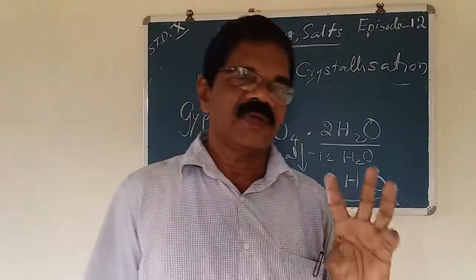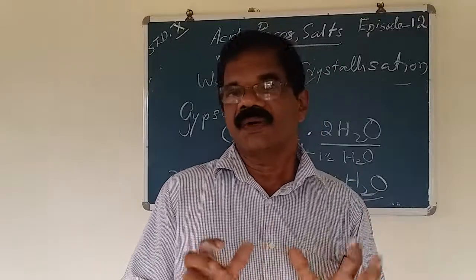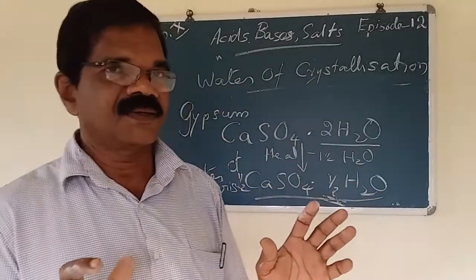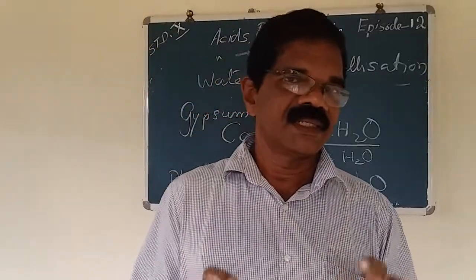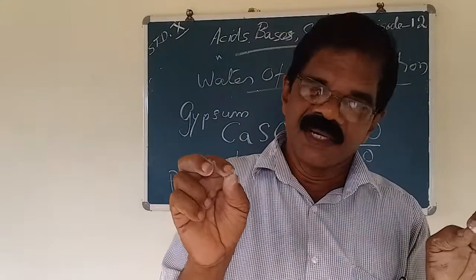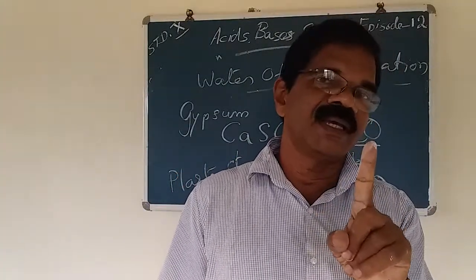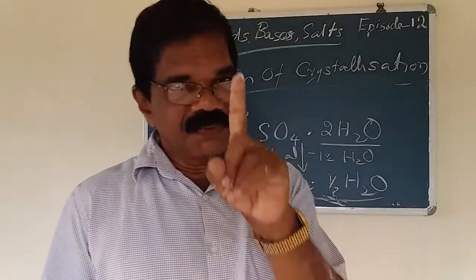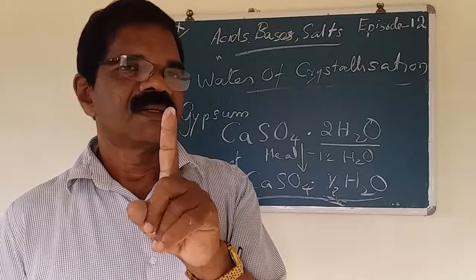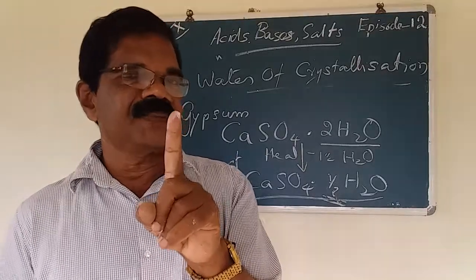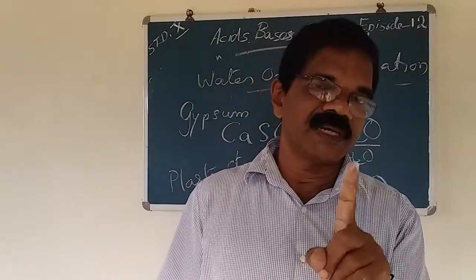So here we have to learn three things. One, what do you mean by water of crystallization? Water of crystallization means the fixed number of water molecules present in one formula unit of a salt.